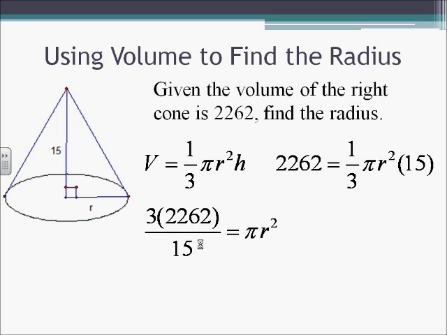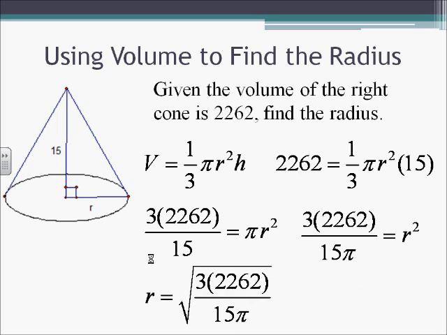To get r squared alone, we could multiply by 3 to get rid of the 1/3, divide by 15, and then divide by pi. Or really, what you could have done is multiply the 1/3 by 15 to get 5. 5 pi times r squared is going to equal 2,262. Divide both sides by 5 pi. Either way works. We take the square root of both sides, and we're going to end up with a radius of approximately 12.